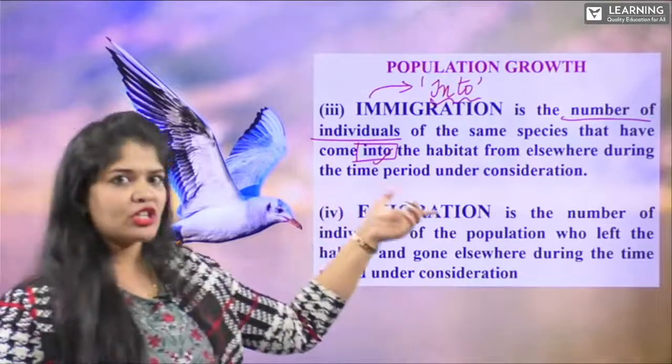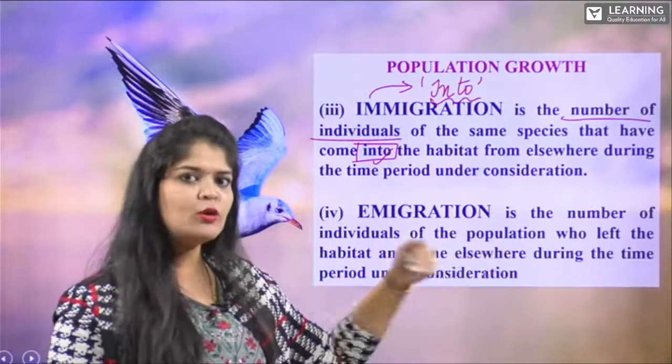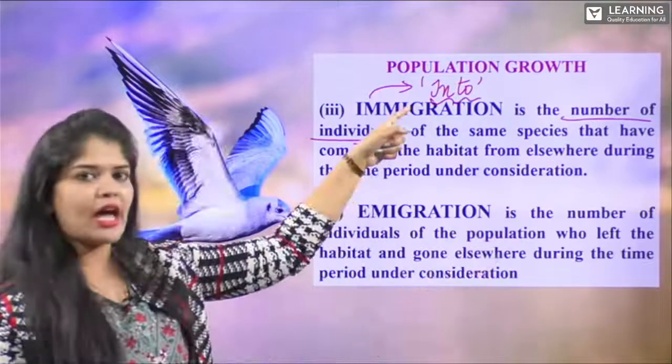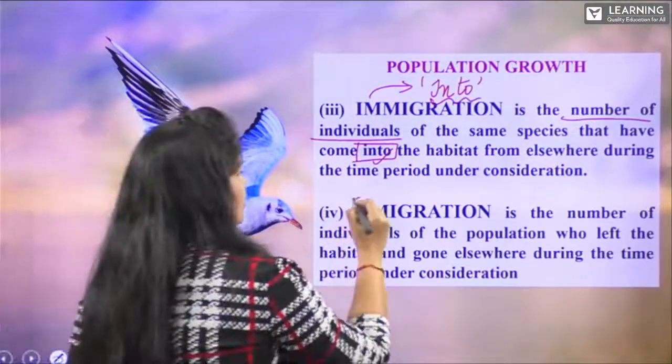Now, emigration. Emigration is the number of individuals of the population who left the habitat. E, exit.